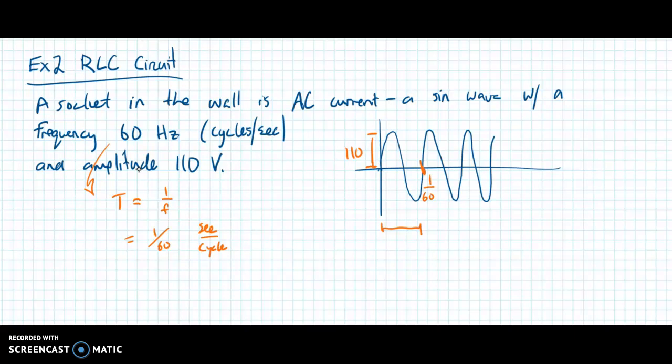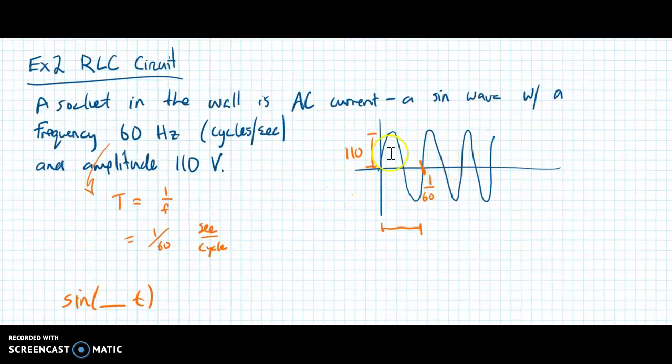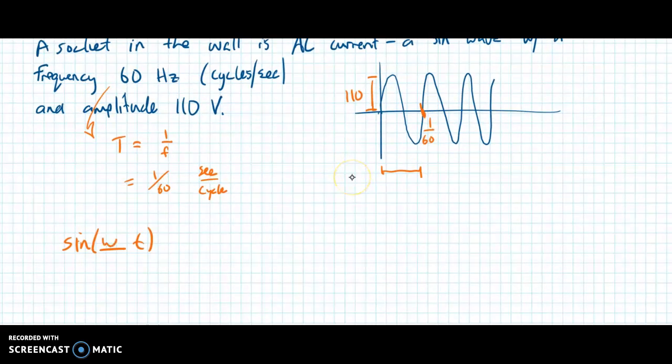So when we have our sine functions, we do sine of something times t, and we need to figure out the something that makes it match this plug in the wall. We'll often use an omega for that. Remember, period is 2 pi over omega, and the period is 1 over 60. So 1 over 60 equals 2 pi over omega.